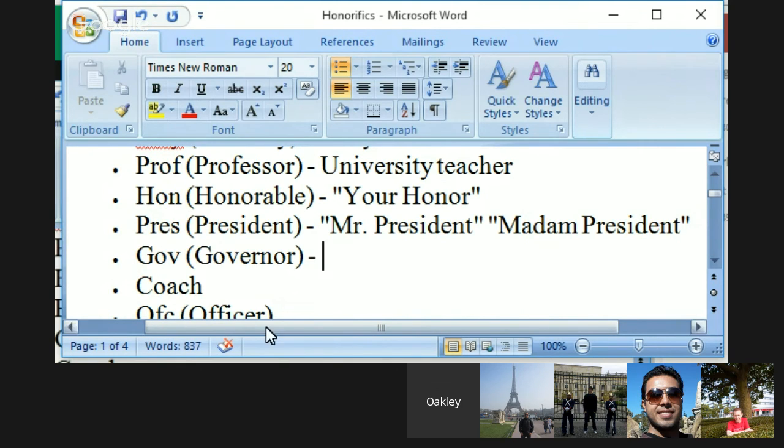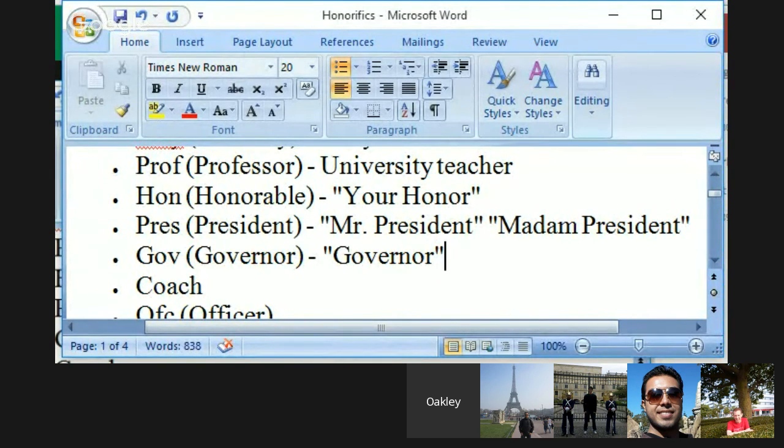Okay, let me go back because there's kind of a set here. Marcus, let me go back to you for a second. Governor. Mr. Governor? No. Now, this is weird. We would just say governor. That's it. It's a pleasure to meet you, Governor.